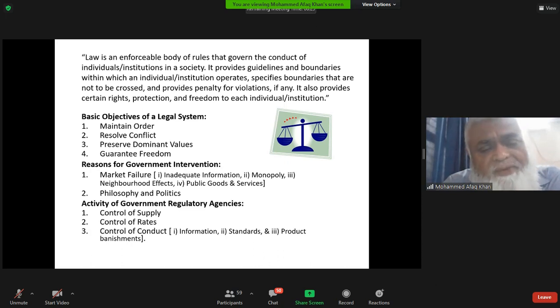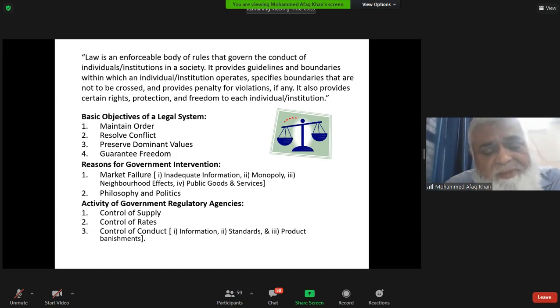Then we have other regulatory agencies responsible for ensuring that there's no adulteration in the food products or other goods. Such agencies also determine and prescribe changes in the laws.